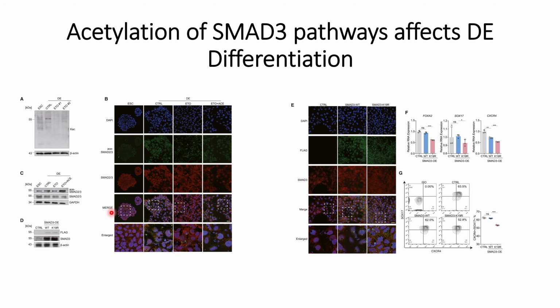So from this immunostaining they confirmed the results, and to further validate them, they also did a Western blot. They can see that when the chemical inhibitors, that is ETO plus acetate, are used in the definitive endoderms, there is a high amount of acetylated SMAD2 and SMAD3 proteins compared to the case where chemical inhibitors are used, or compared to the embryonic stem cells.